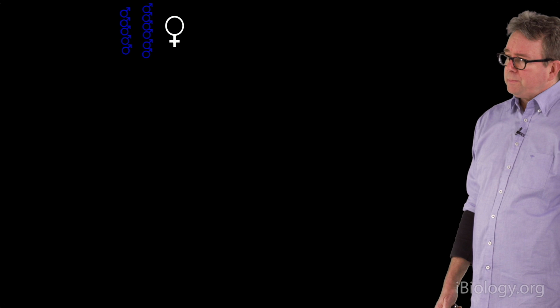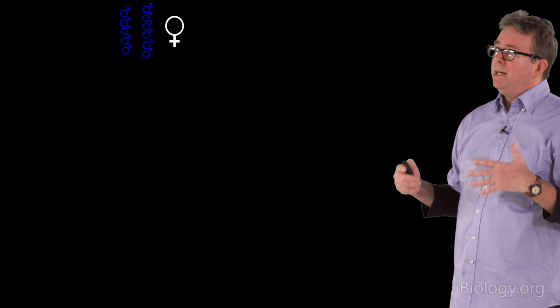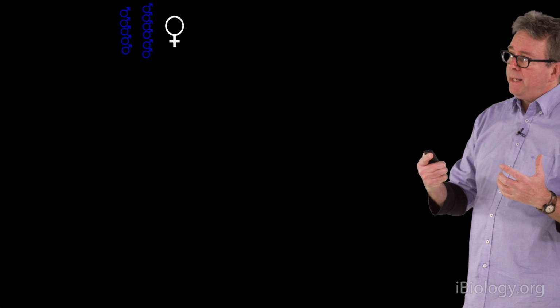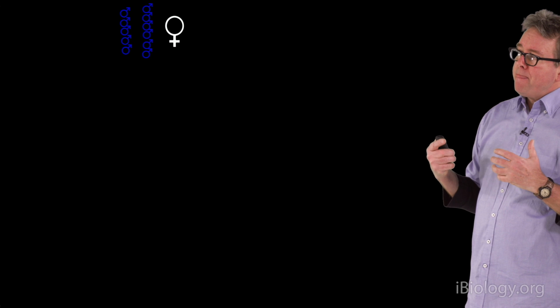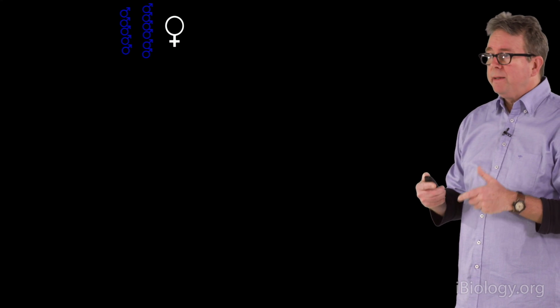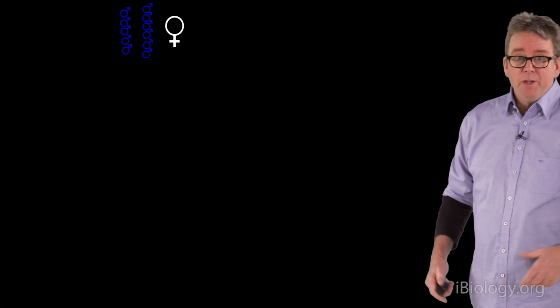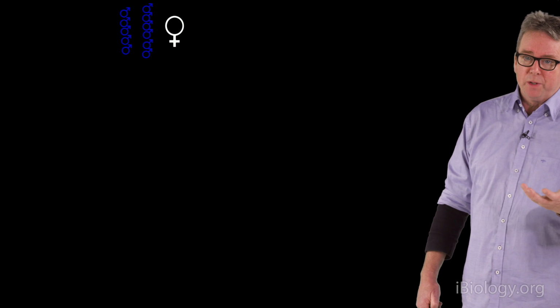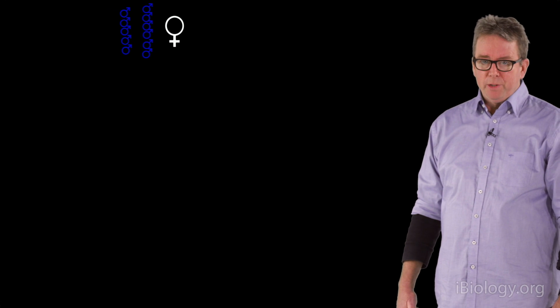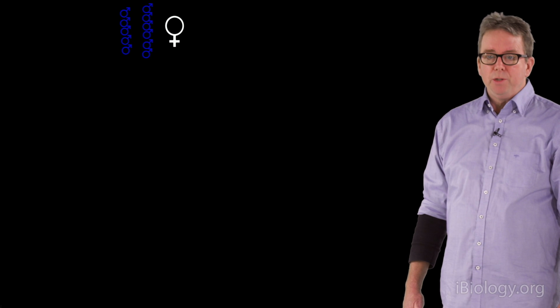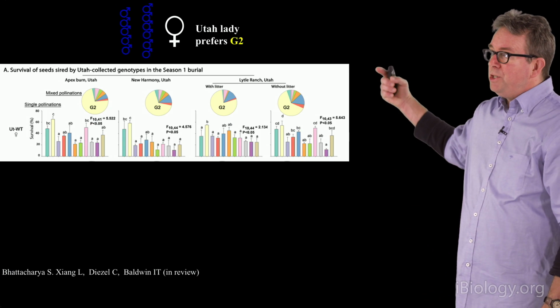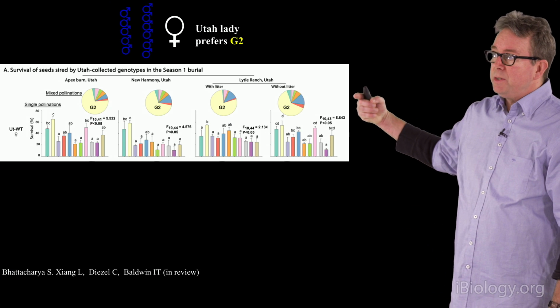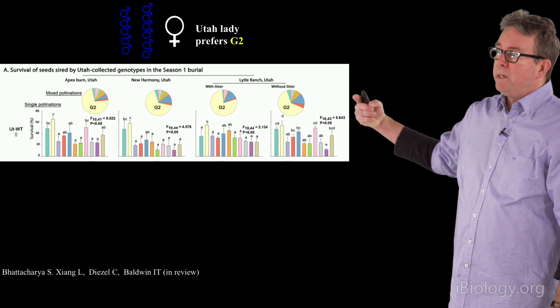And this process is one where we wanted to see whether or not the preferences that the females were making were also producing offspring that lived longer in the seed bank. So remember the lady from Utah. When she's given a choice amongst these 11 men from Utah, she likes G2. And it turns out that G2, when you bury those seeds in the seed banks, they survive much better than the other ones.